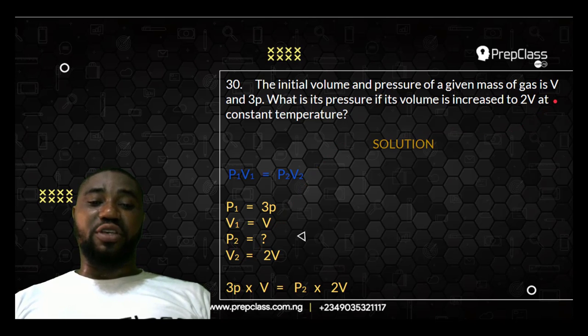V2 is 2V. So just substitute your values: 3P times V equals P2 times 2V.